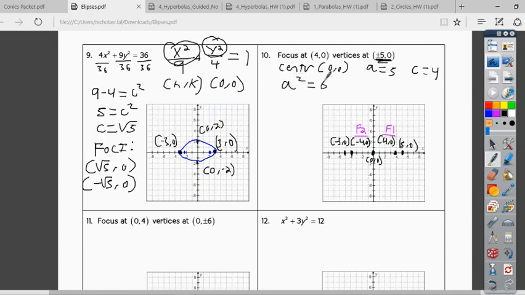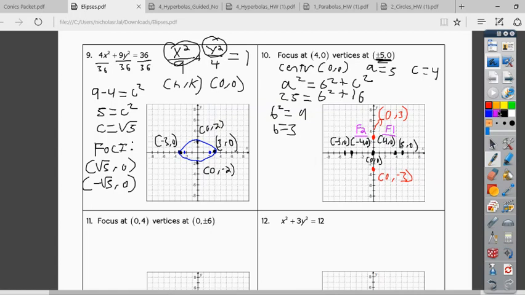A squared is equal to B squared plus C squared. 25 is equal to B squared plus 16. So B squared is equal to 9. B is equal to 3, which means that our points on the ellipse will have a point at 3, 0 and 0, 3 and 0, negative 3. And we'll also have a point at 0, 3.